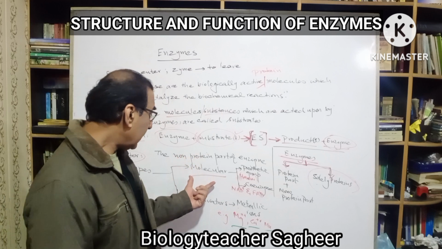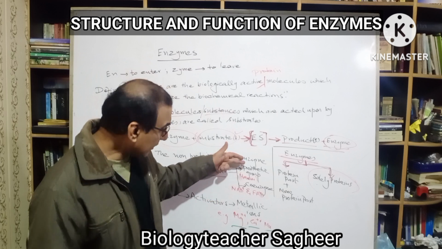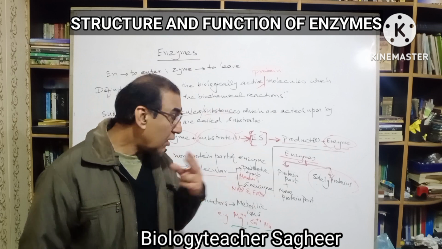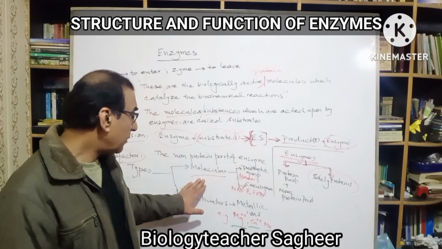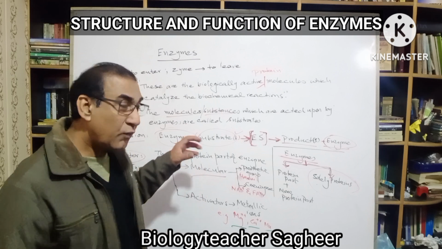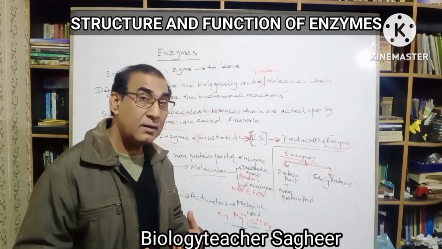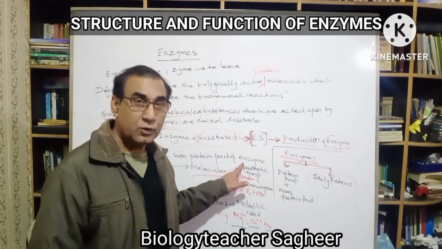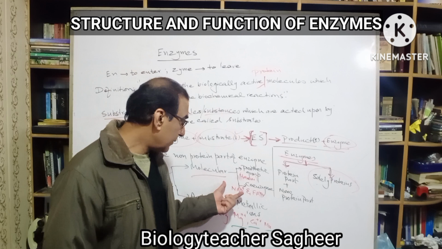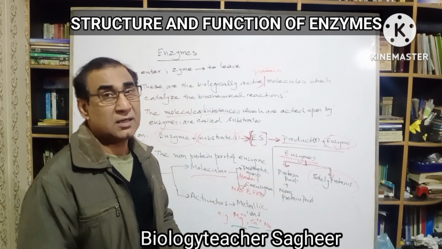Now, the second type of non-protein part is the molecular part, and that is either a prosthetic group or a coenzyme. If the non-protein part of an enzyme is covalently bonded with the protein part, then it is known as the prosthetic group. For example, heme is part and parcel of hemoglobin.